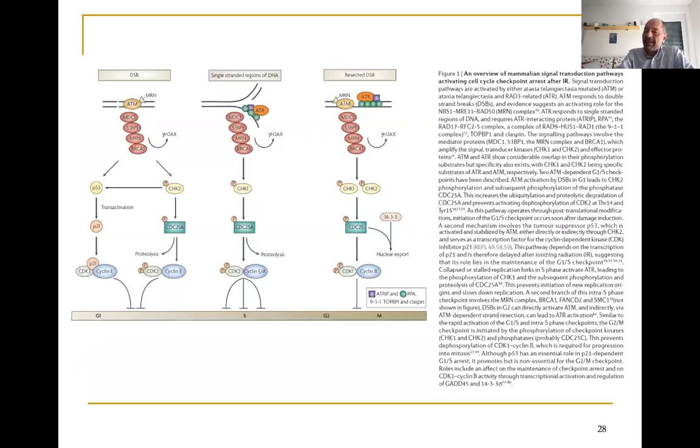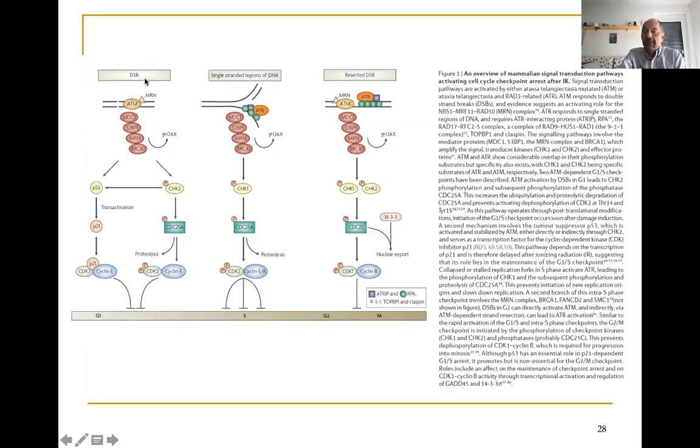And that's a little bit of a simplified cartoon of the checkpoints. You see here, this is G1, S, and G2M. So this is essentially what happens when you have a G1S block, a block in G1.